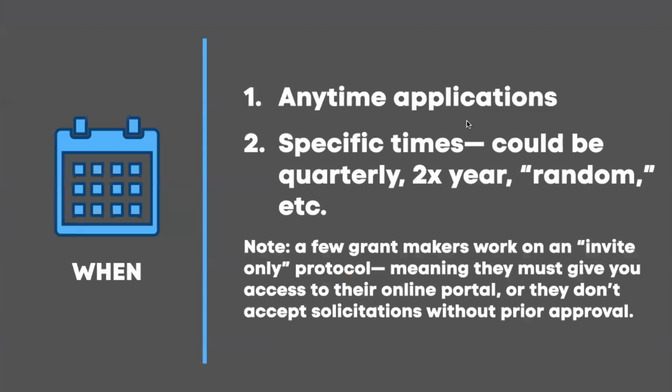And then there are going to be other grant makers that say specific times. Now, those specific times could be quarterly, they could be twice a year, they might even be random. In fact, there's a local grant maker, let me highlight that one. It seems random, but it makes sense to them. They take in Birmingham, Alabama, it's an insurance company that has a nonprofit charitable wing. They take grants in February, they take them in April, they take them in October.